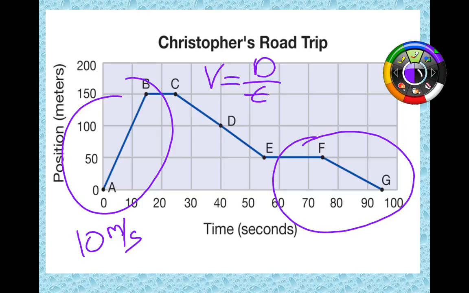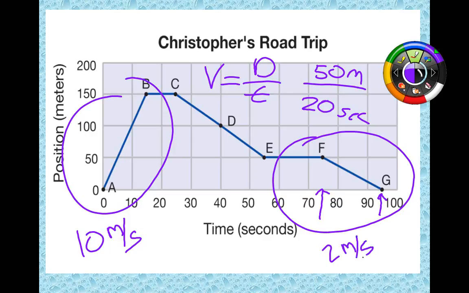Our distance looks like he's at 50 meters. How much time did it take him to do it? It looks like he's starting at 75 seconds and he goes to 95 seconds. 75, 85, 95. How much is that? That looks like it's about 20 seconds. When I divide 50 by 20, I get 2 meters per second.